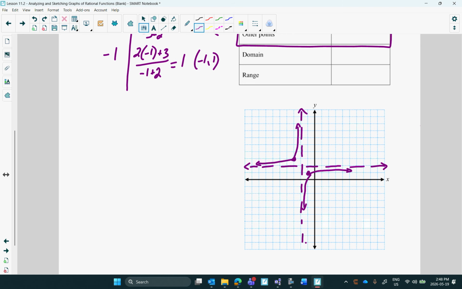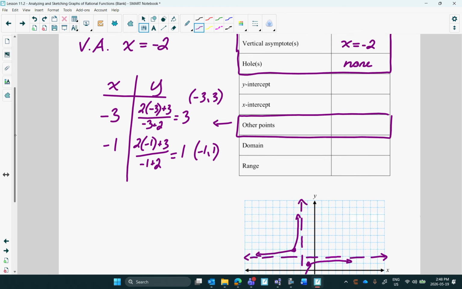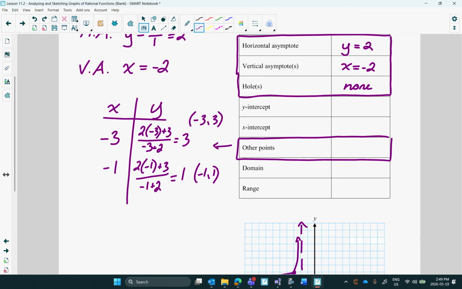For the other information, like I said, for the y-intercept, you have to make x equals 0. And therefore, y is going to be 2 times 0 plus 3 over 0 plus 2.